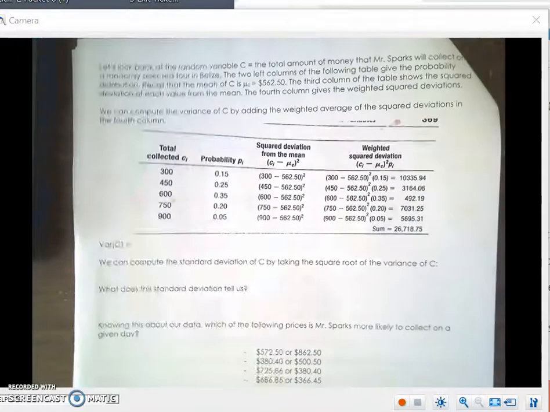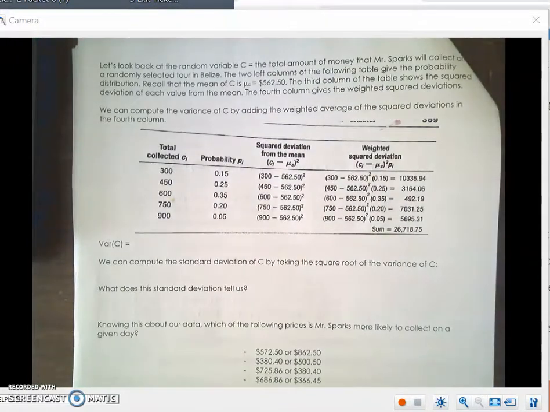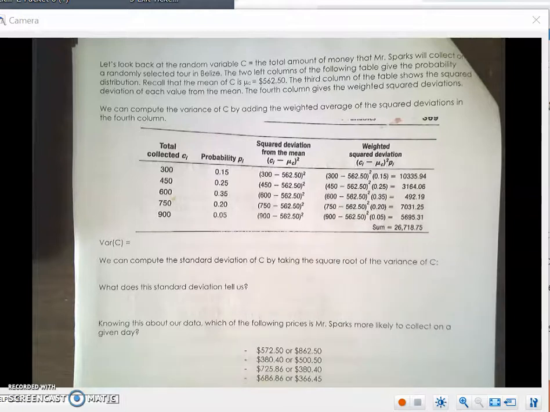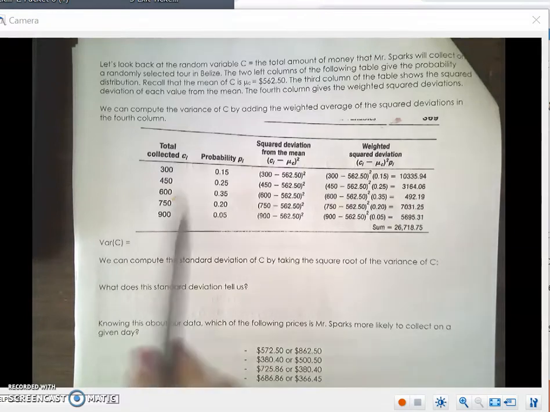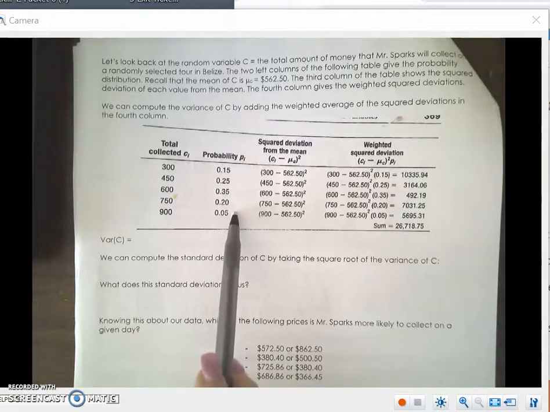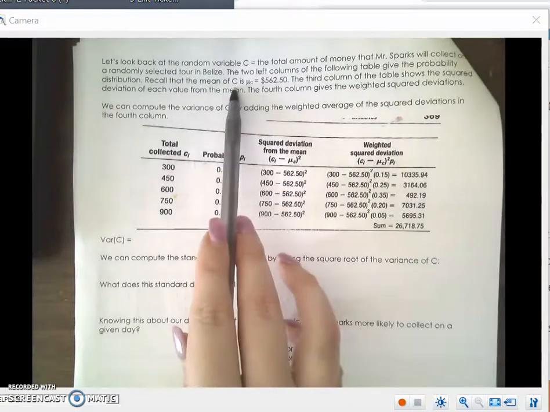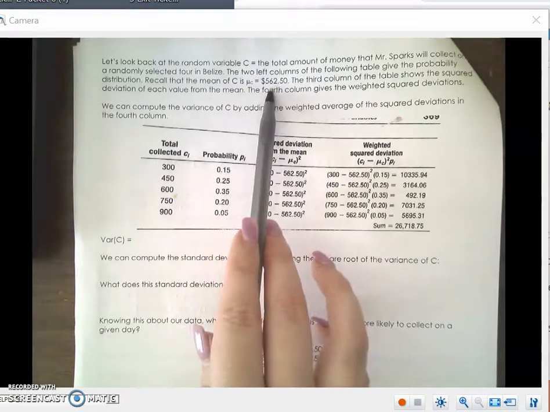All right. So let's look back at the random variable where C equals the total amount of money that Mr. Sparks will collect on a randomly selected tour in Belize. The two left columns of the following table give the probability of the distribution. Recall that the mean of C is 562.50, and we calculated that.